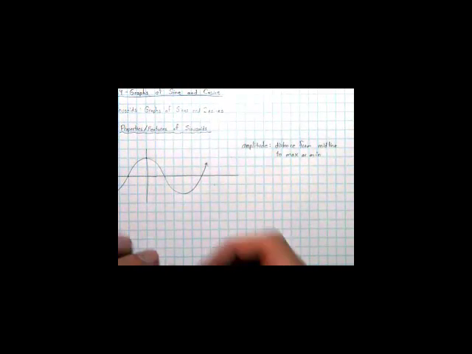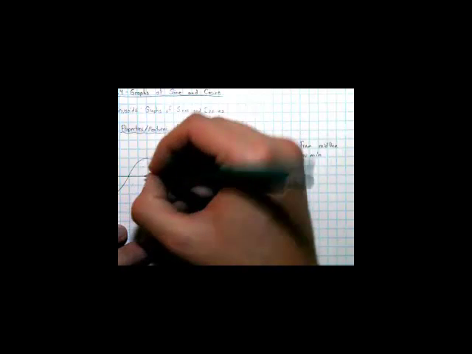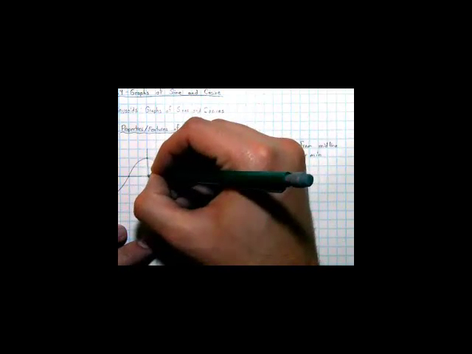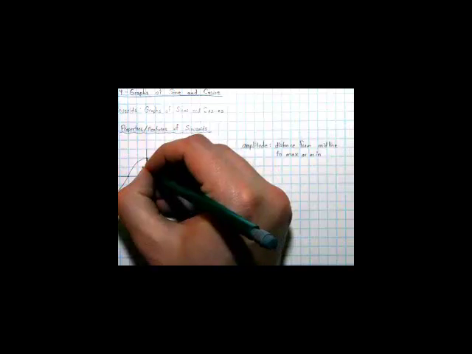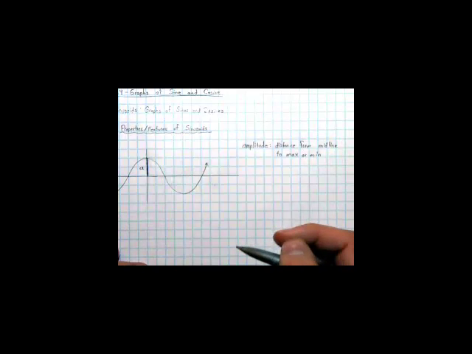And on a graph, like in this case, your amplitude would be like right here. We'll call it A. All right.